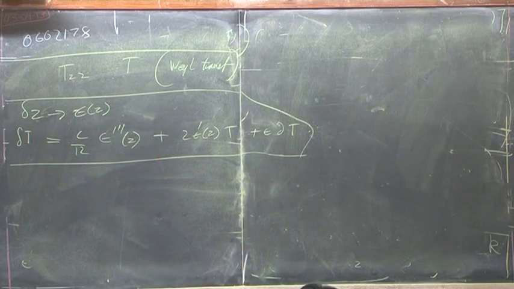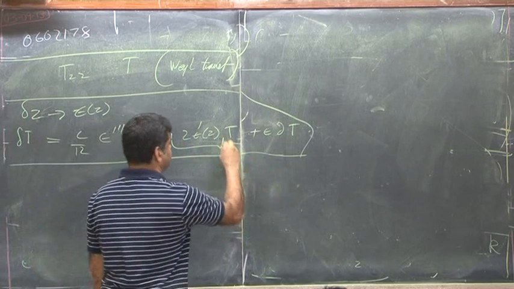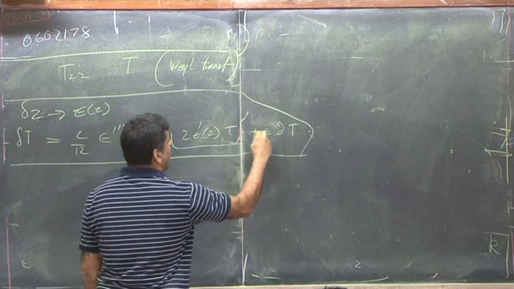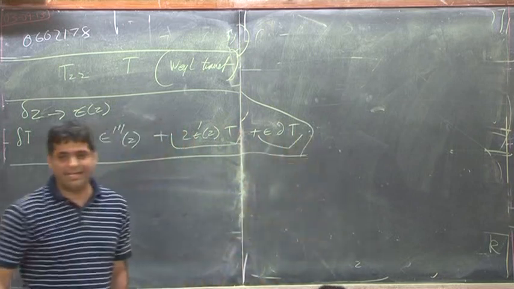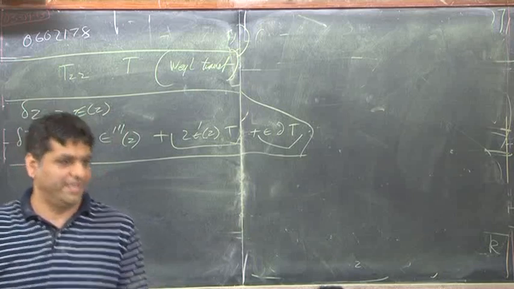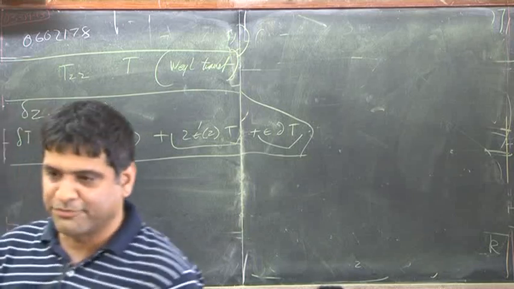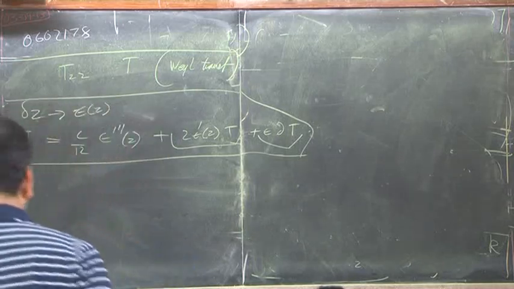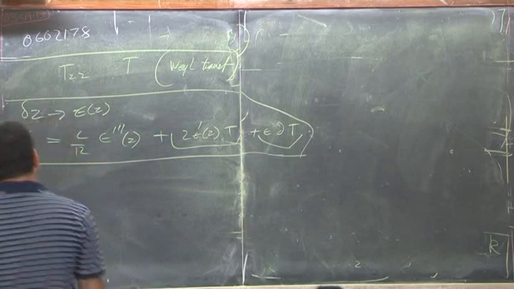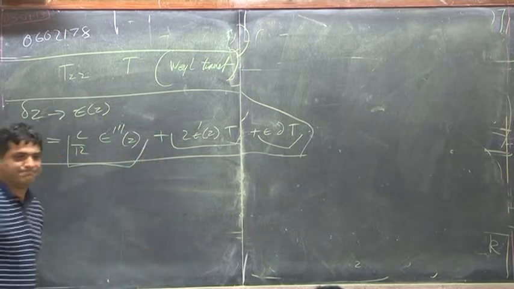So under a coordinate change like delta z is equal to epsilon of z, this is how the stress tensor changes. Now this part and this part are exactly the tensor transformation properties of T, as we've seen many times before. So the question we're going to ask is, what can we make of this part?